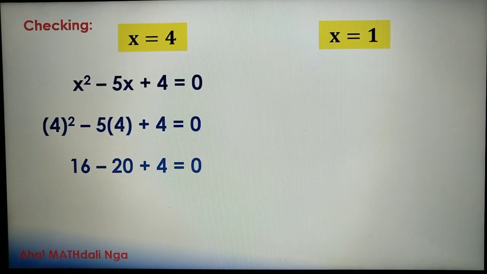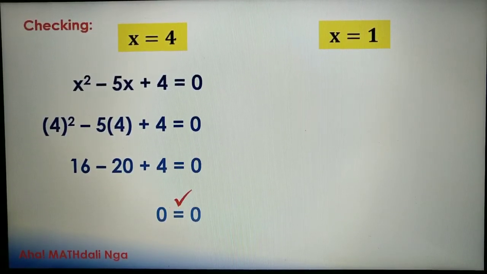Negative 5 times 4 equals negative 20. Copy positive 4 equals 0. 16 minus 20 is equal to negative 4 plus 4 is equal to 0. And that's true. So positive 4 satisfies the given quadratic equation. So positive 4 is really the solution of the given quadratic equation.